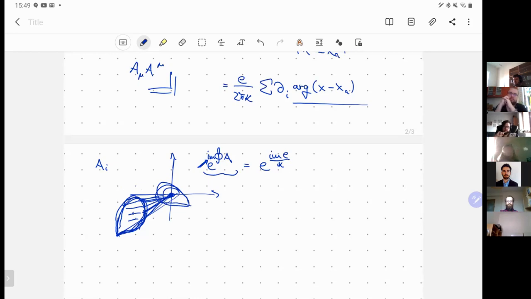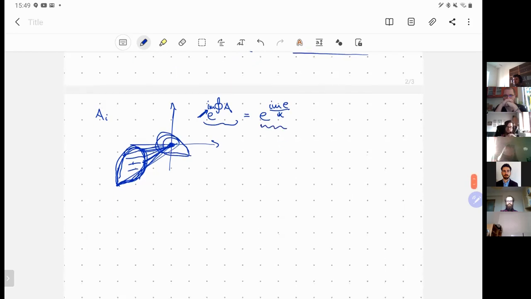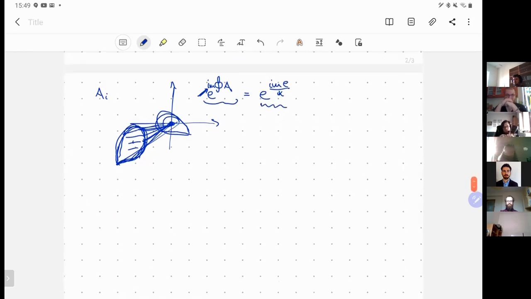So you see that in the presence of this Chern-Simons field, my particles have these interesting phases popping up.